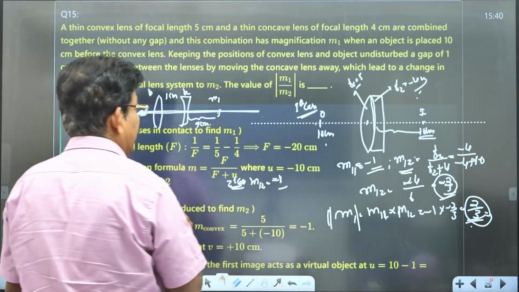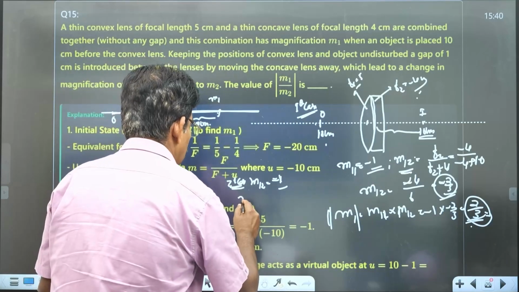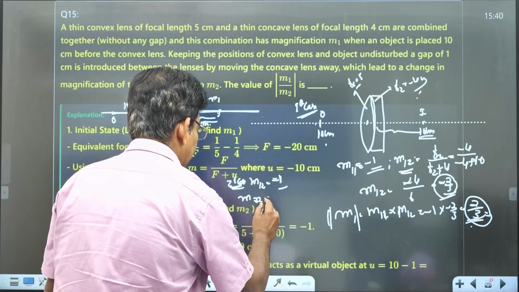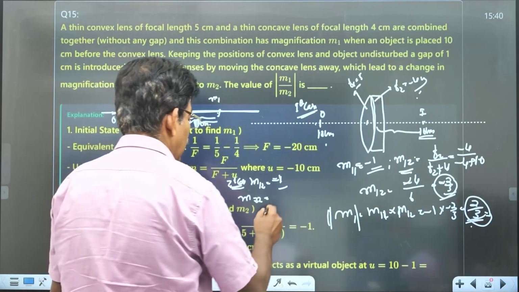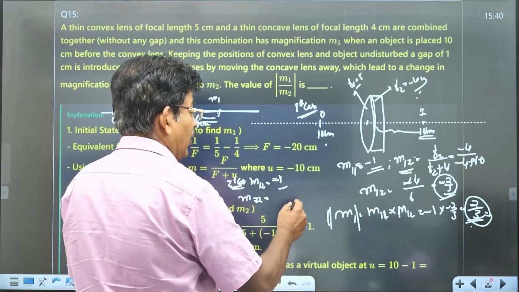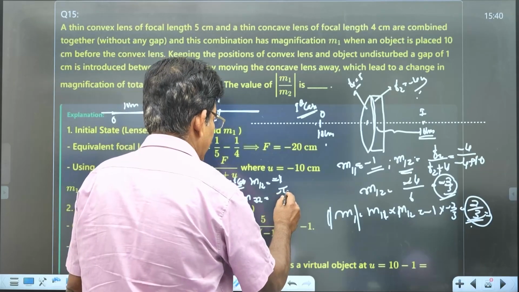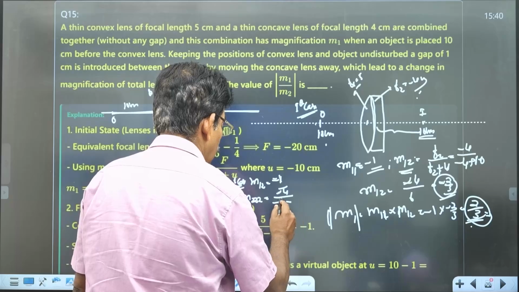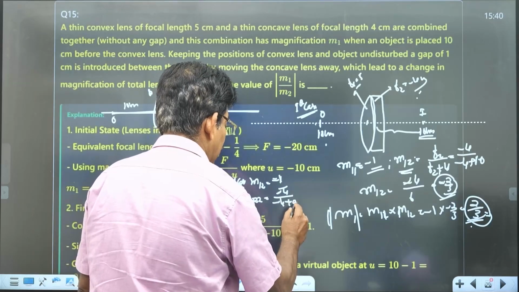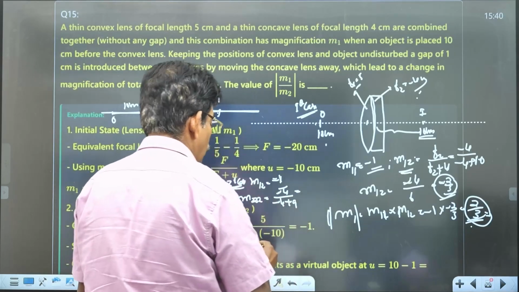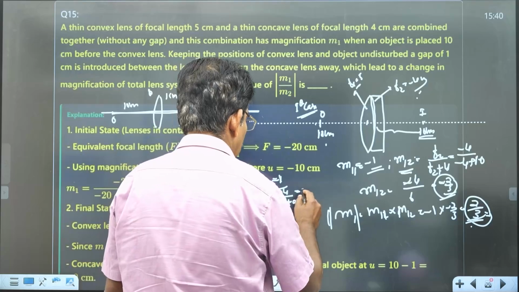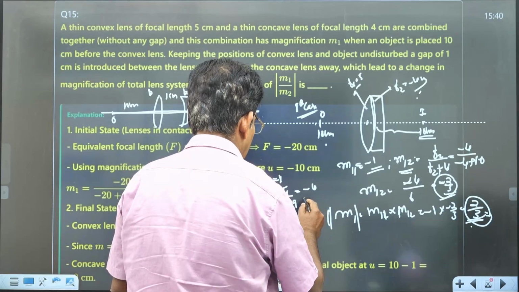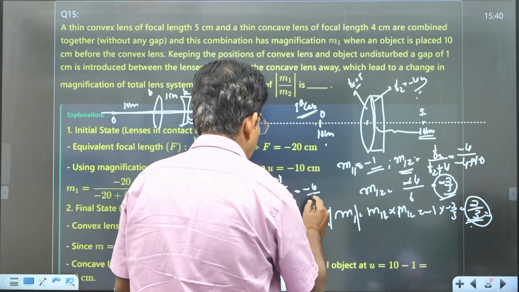Now, in the second case, I am calculating the magnification due to the second lens. It will be minus f divided by f2 plus 1, that is minus 4 divided by minus 4 plus 9, that comes to be minus 4 divided by 5.